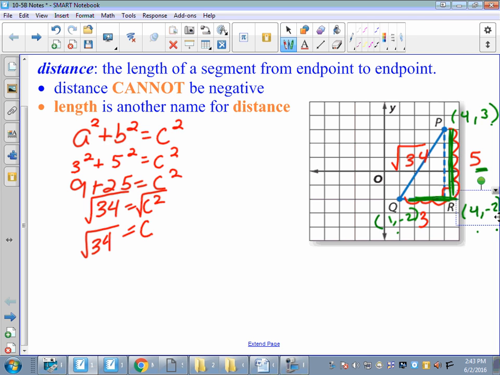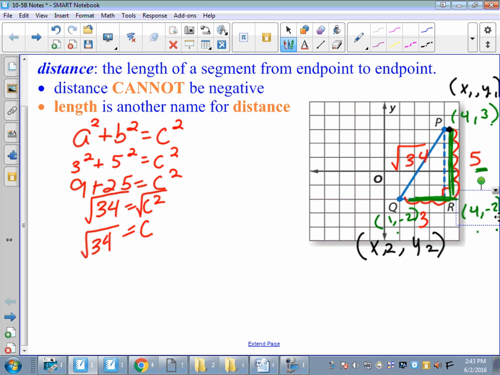So instead of using numbers 4 and 3, let's just call this first ordered pair x1, y1, to represent the first ordered pair for P. And then for Q, I'm going to call that x2, y2.